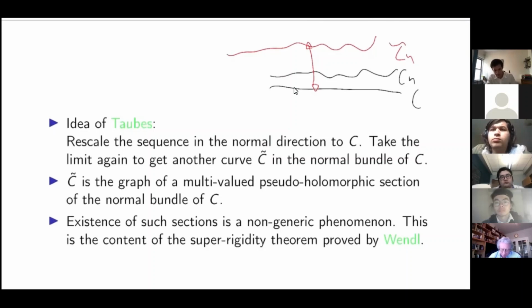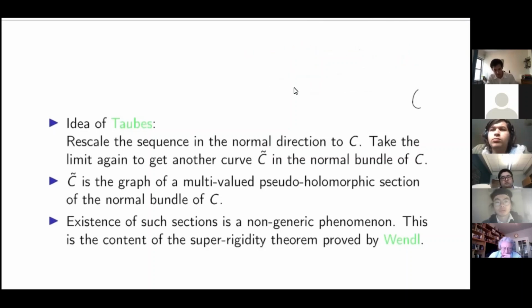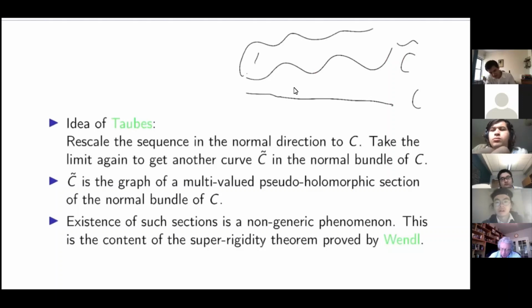So the picture is this: after rescaling, I found some other curve C twiddle, and maybe this curve looks like this. Over every point of C, in the normal bundle, I can look at how many points there are above a given point in C, and that defines a multi-valued section of the normal bundle, because over every point of C, I have some number of points in C twiddle.